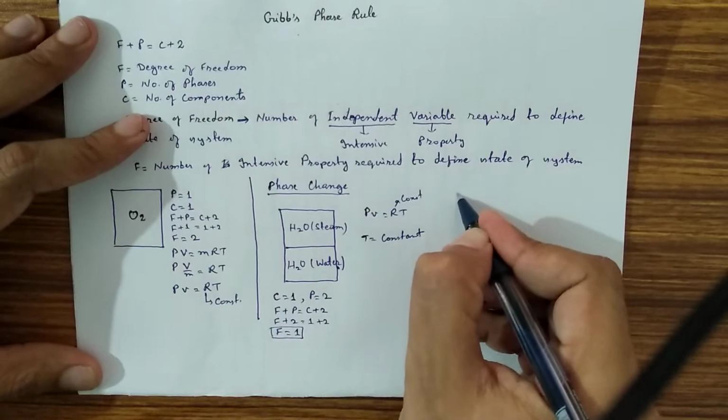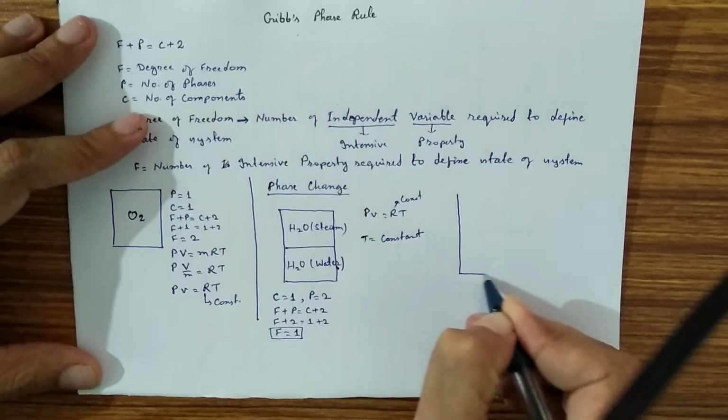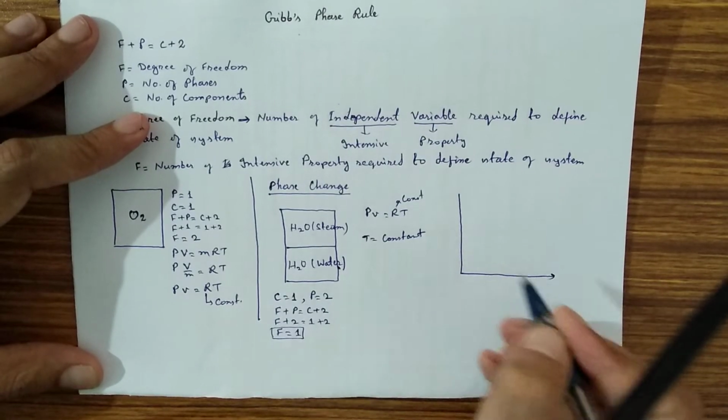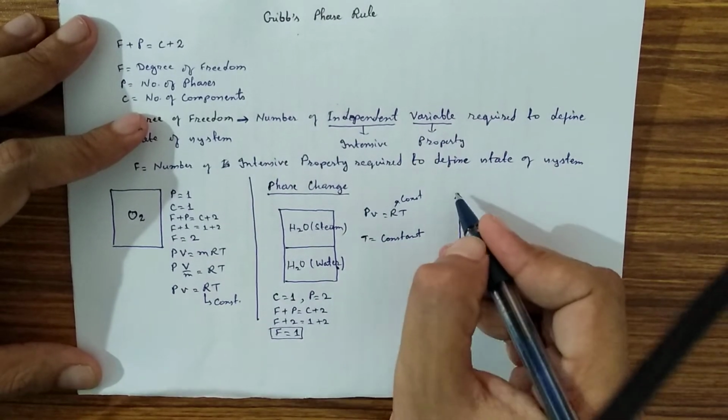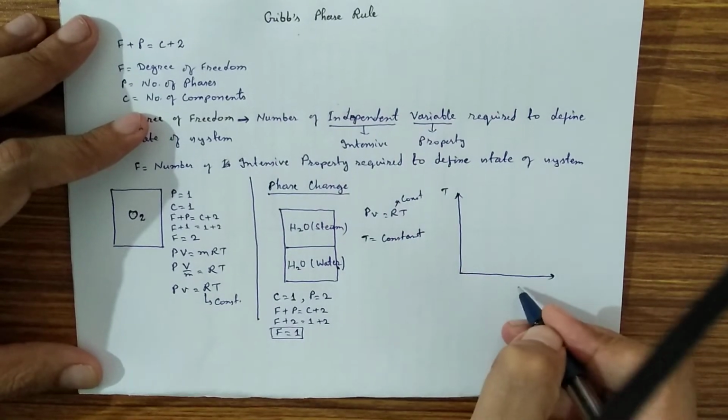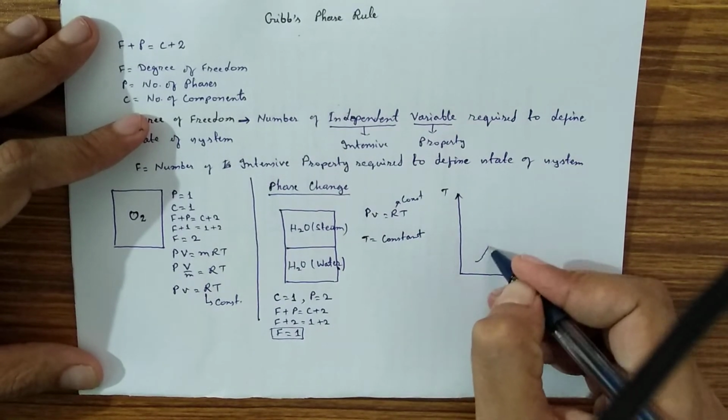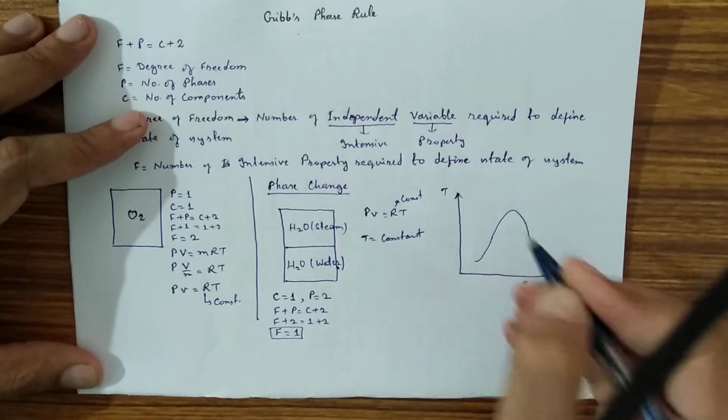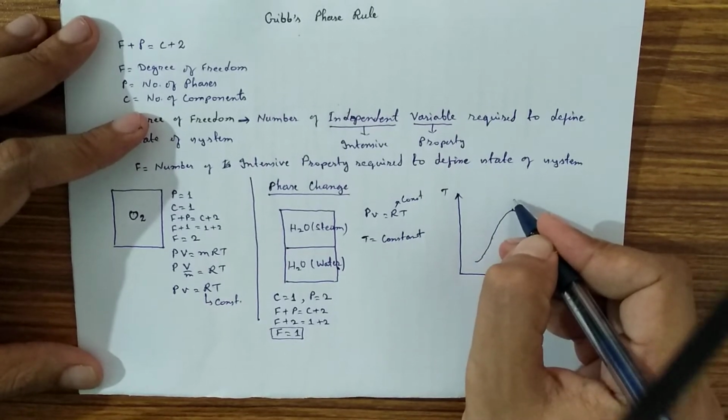We can better understand this with the TS diagram. If we see the TS diagram for phase change, this is the critical point.